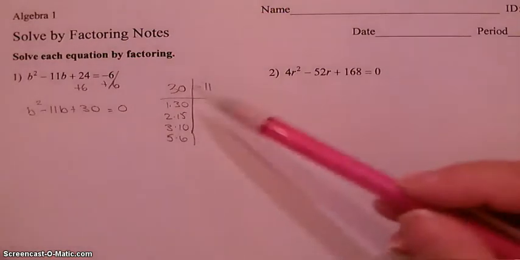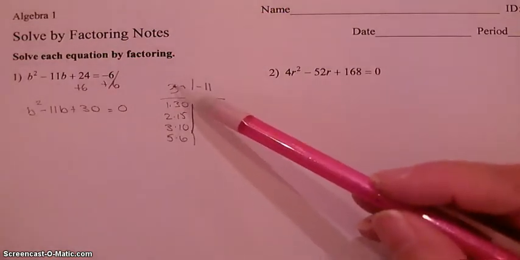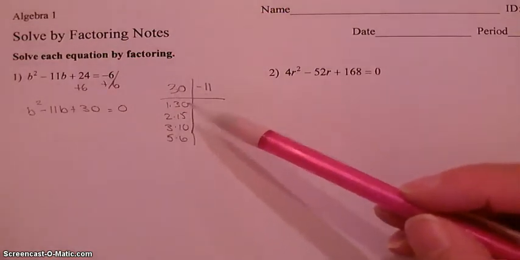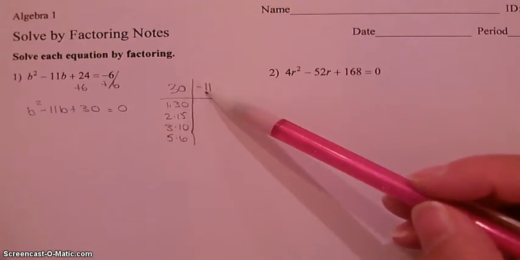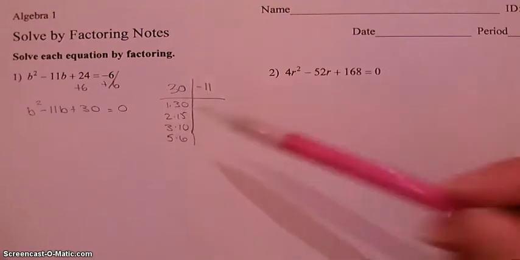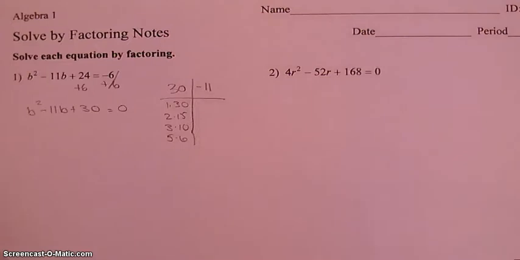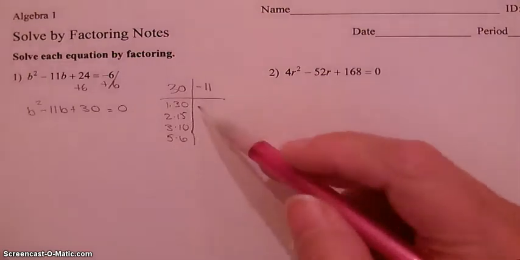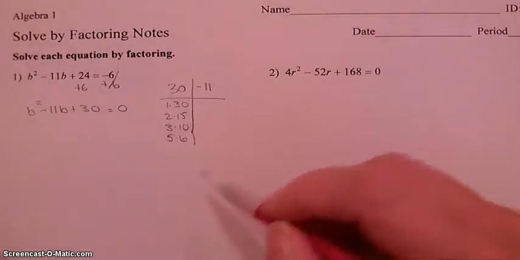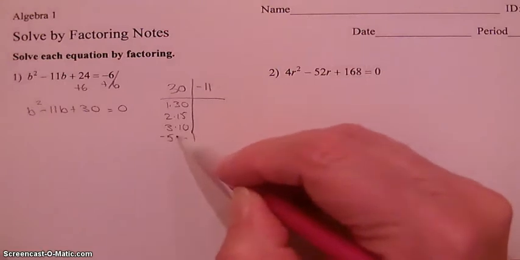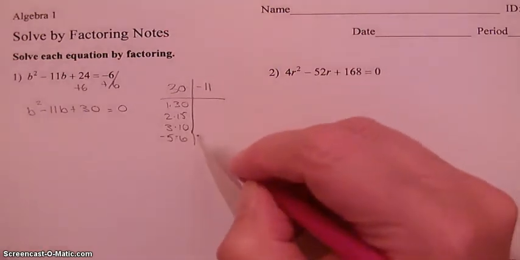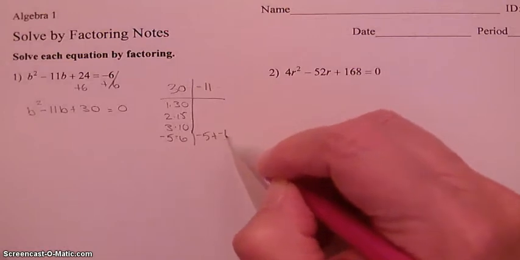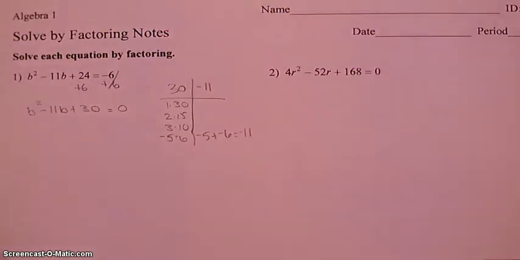Okay, so when I look at that, I know the product has to be positive and the sum is negative. A positive times a positive will give me a positive, but if I add two positive numbers together, I don't get a negative. So if I make both of these negative, then I will get a negative sum. If I make this a negative 5 and a negative 6, it's going to multiply to give me 30, and if I add negative 5 plus negative 6, it's going to give me my negative 11.